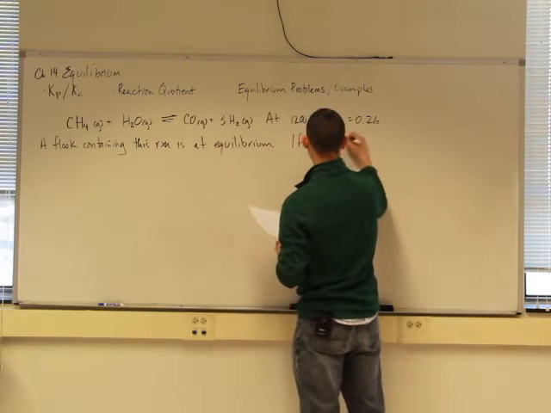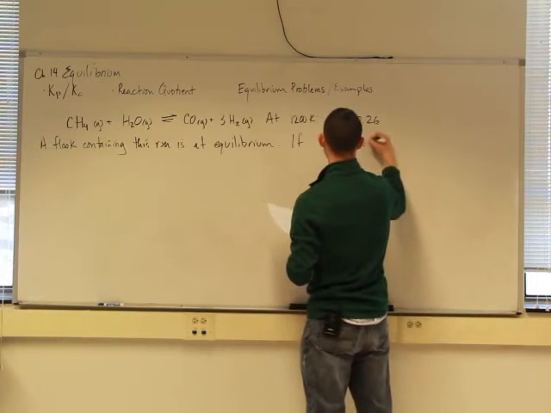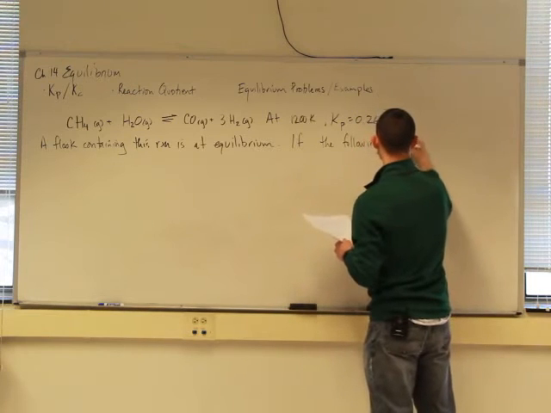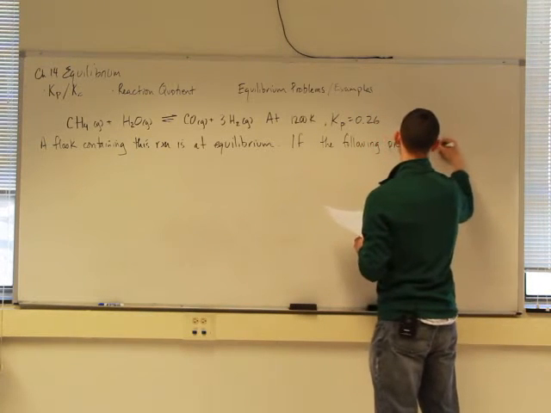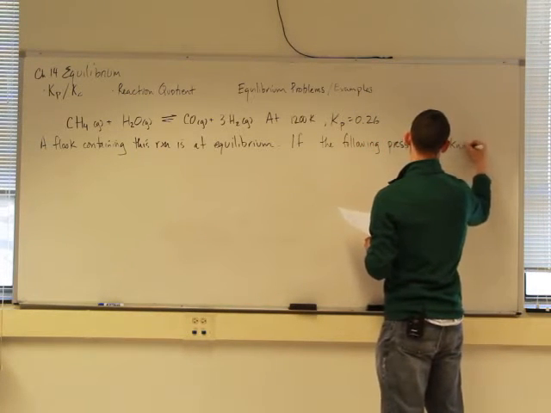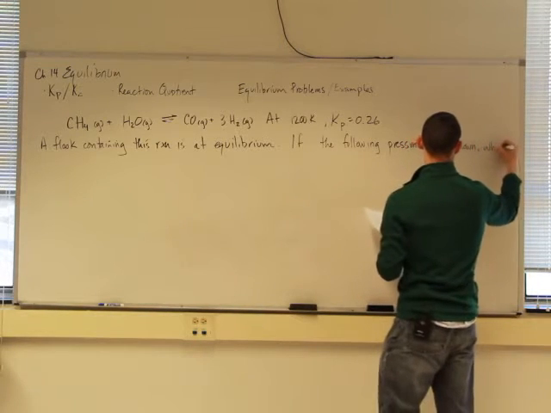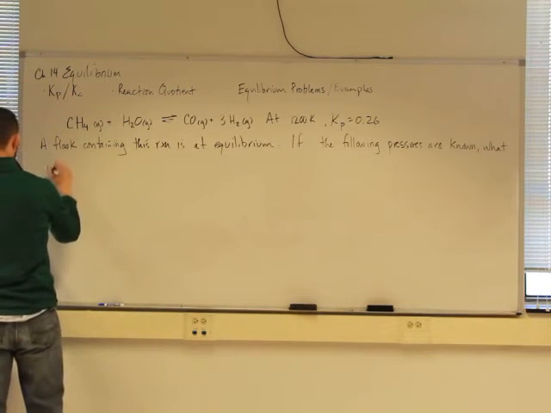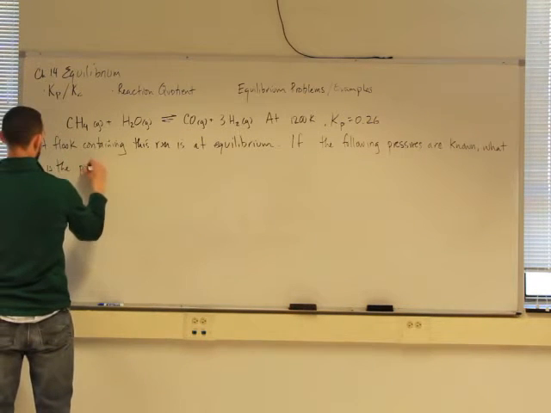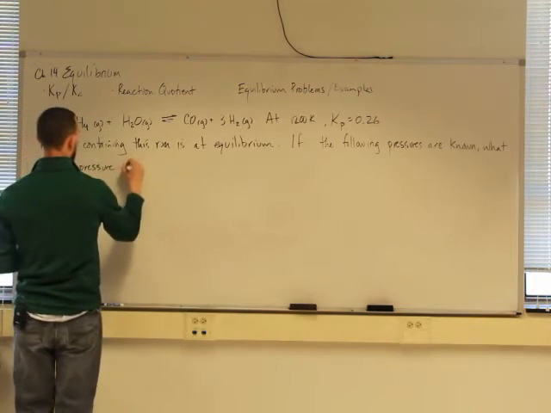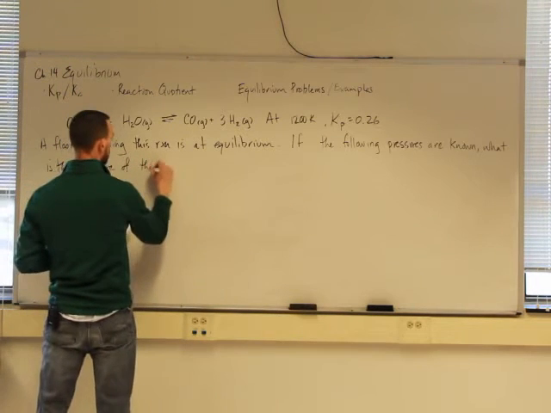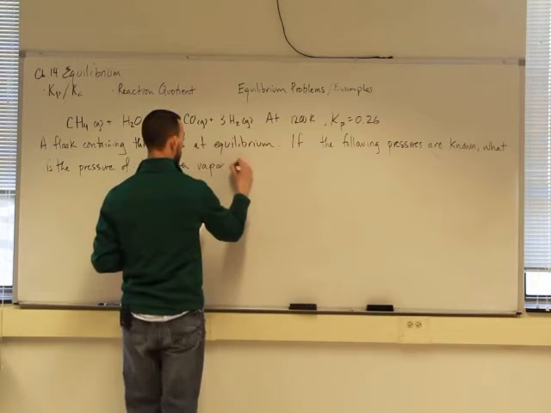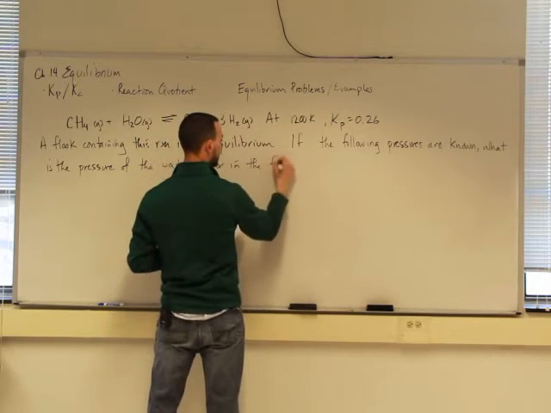If the following pressures are known, what is the pressure of the water vapor in the flask?